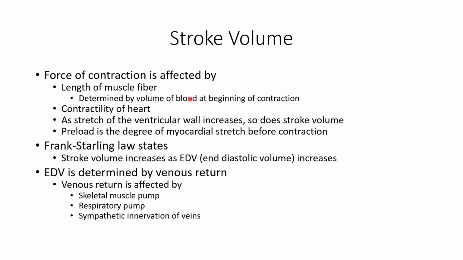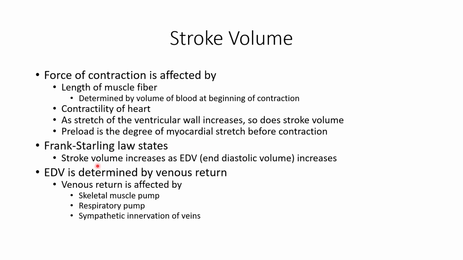Another aspect we talk about is contractility, the ability of those muscles to contract quickly and with a lot more force. Additionally, because muscle fiber length is important, what dictates how much those fibers are stretched is the blood coming back in.